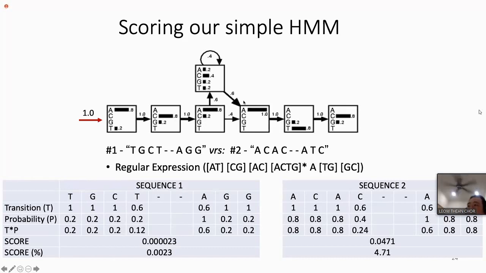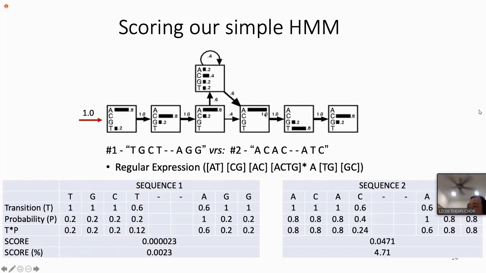And then from the third column into insertion, the insertion here is T. So T here is 0.2, but the transition here is 0.6. 0.6 times 0.2 equals 0.12. And then from insertion back to the main state, the transition is 0.6, and the nucleotide here is A, equal to 1.